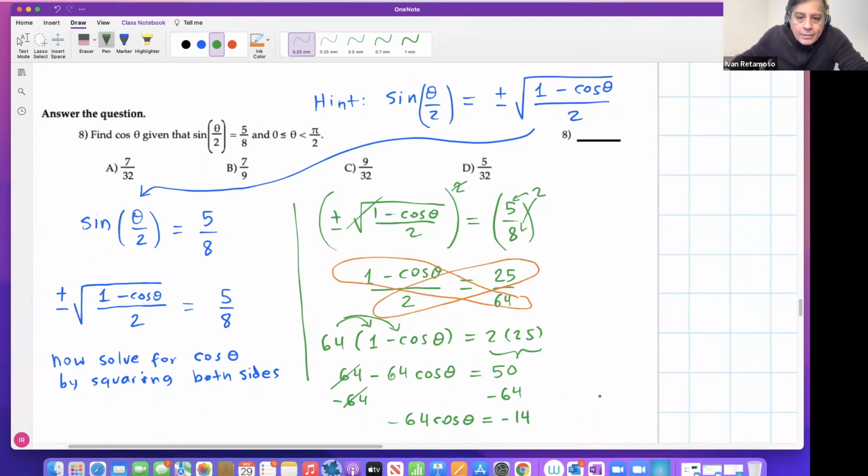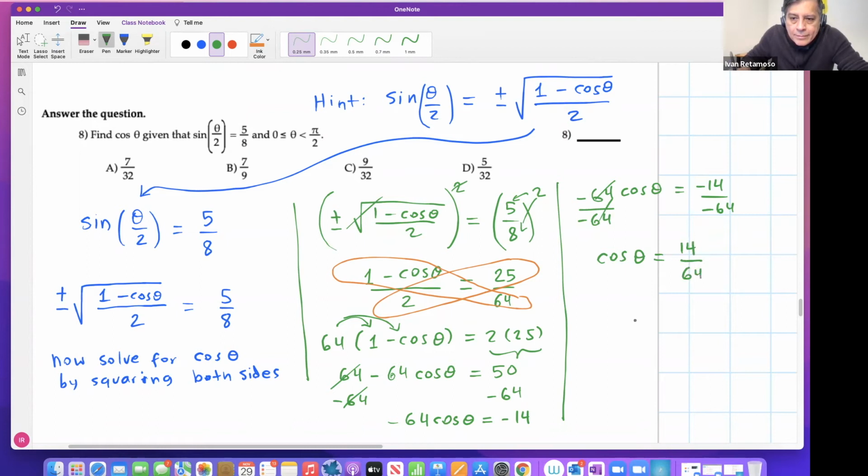Okay, so now dividing both sides of this equation by this number, negative 64, we will isolate cosine of theta, right? Minus 64 here, minus 64 here. Cosine of theta equal, eliminating the signs, this is just 14 over 64.